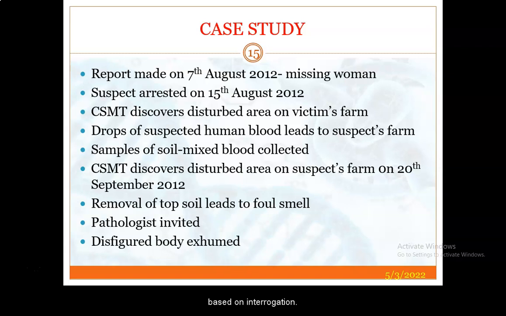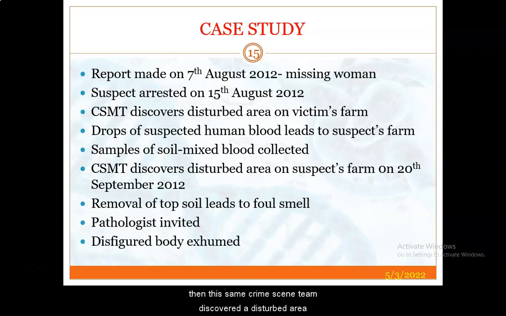Based on interrogation, the crime scene management team discovered a disturbed area on the missing woman's farm. Drops of suspected human blood led to the suspect's farm. So investigators picked blood that had been mixed with soil from the suspect's farm. That's the suspected blood sample.